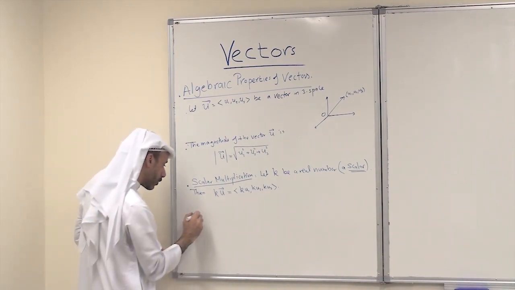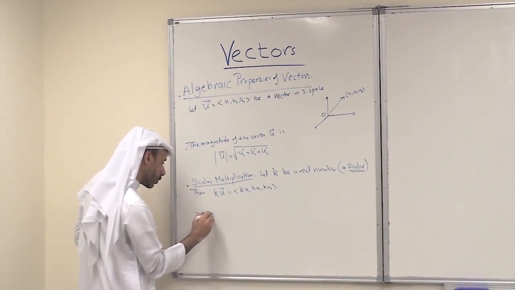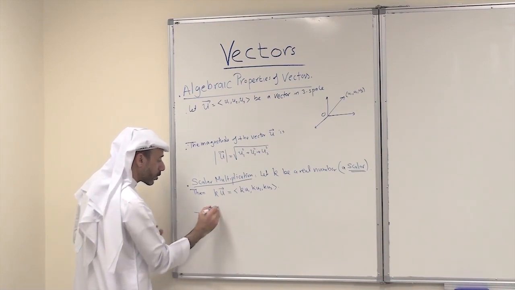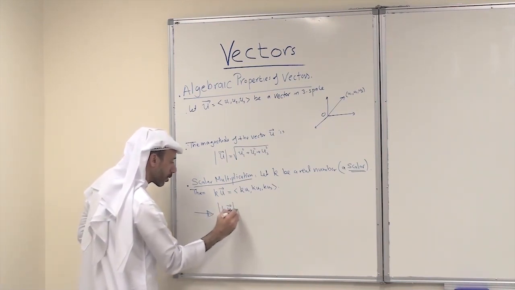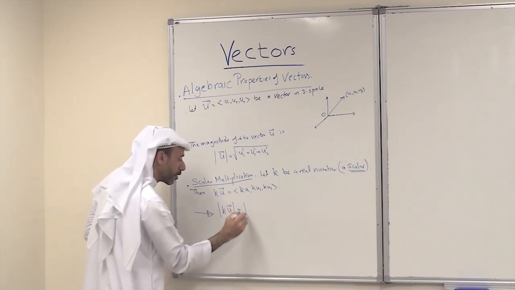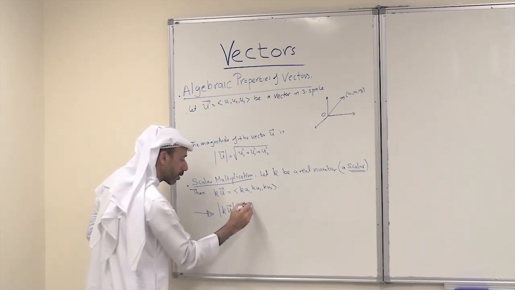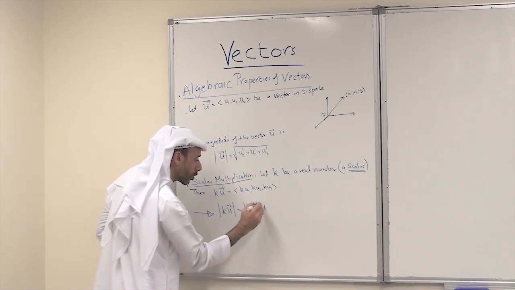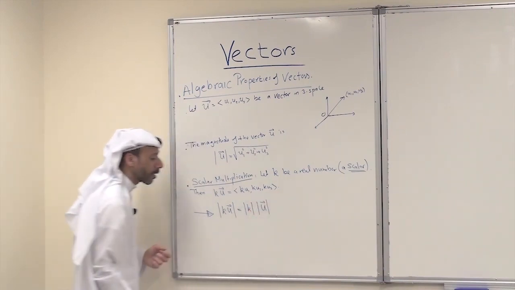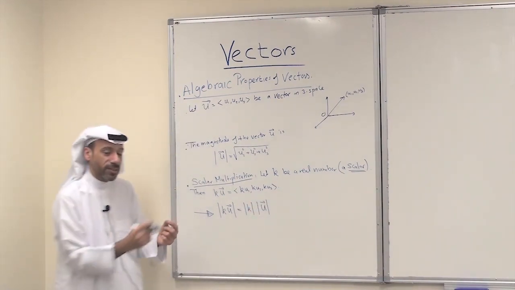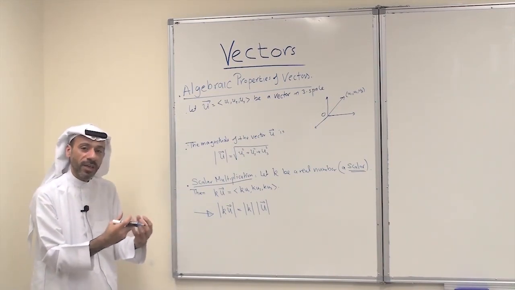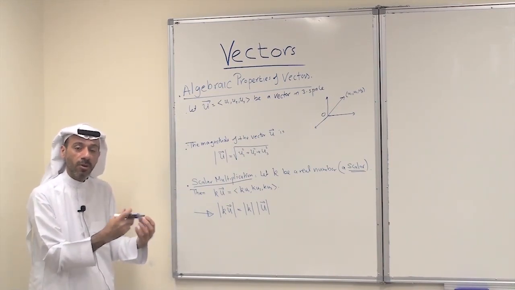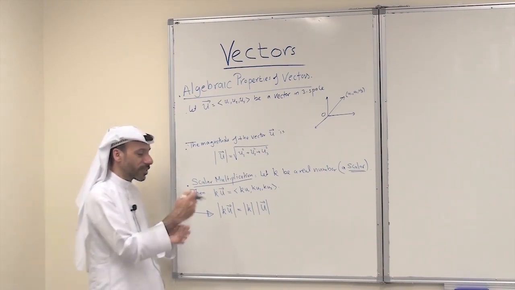One property of this is the following. The magnitude of the new vector KU equals the absolute value of K times the magnitude of the vector U. Notice here we are using the same notation for absolute value, but whether it is the absolute value of a real number or of a vector depends on what is inside.